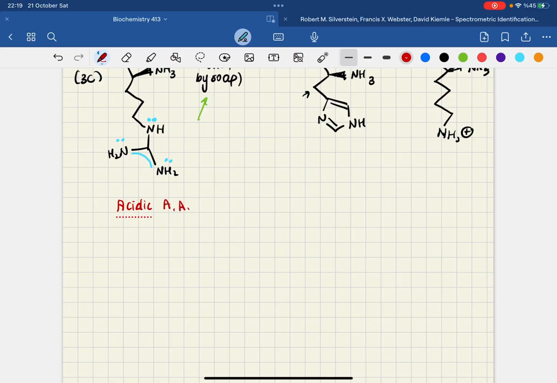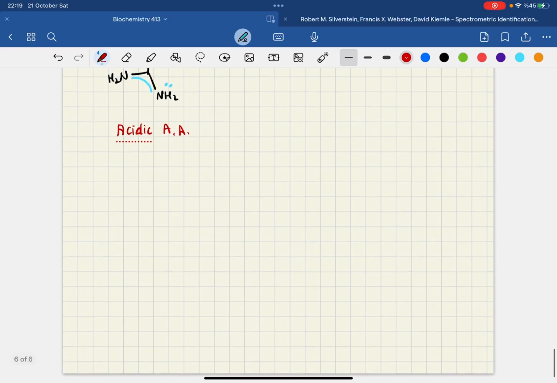So acidic amino acids, we have just 2, which is first aspartic acid and the second one is glutamic acid. Alright, now our aspartic acid, both are acids. As we know, the R group will include this structure over here.